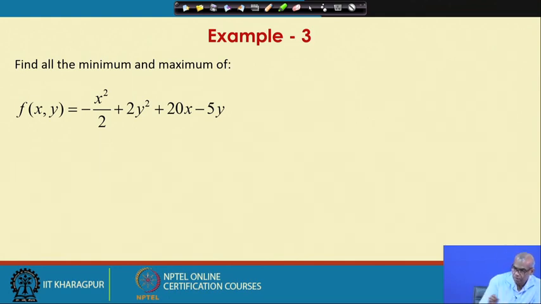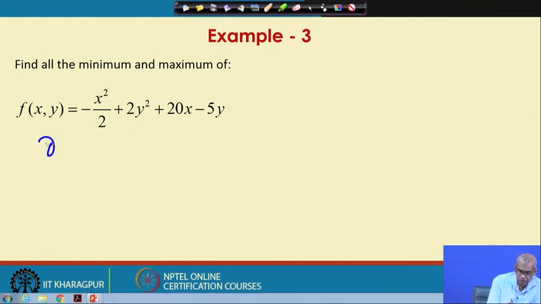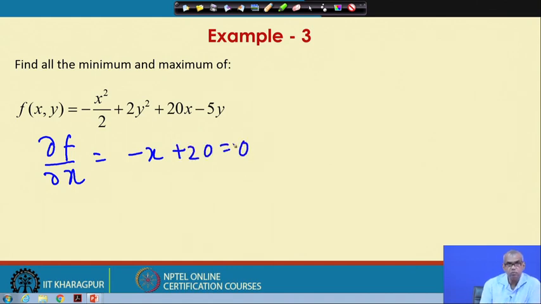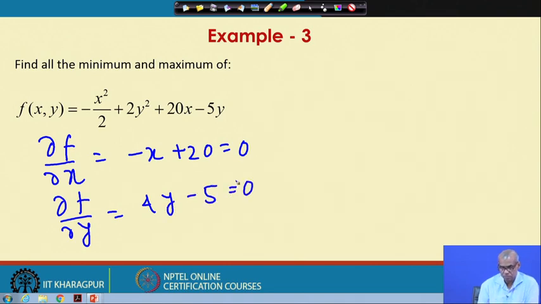So, del f del x will be minus x plus 20, which I set to 0, and del f del y will be 4 y minus 5 equal to 0.